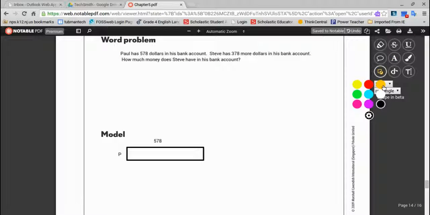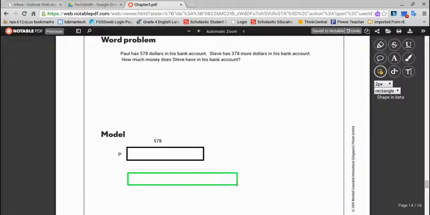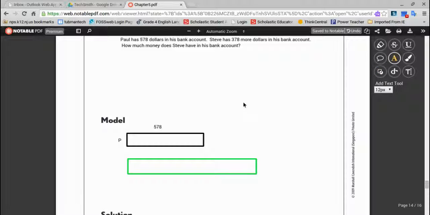So I know Steve, and I need another bar model for Steve. And because Steve has $378 more dollars, I know Steve needs to have more money, and therefore Steve needs to have a bigger bar model. So I'm going to label my bar model S for Steve. And here's the tricky part. I know that Steve doesn't have $378.